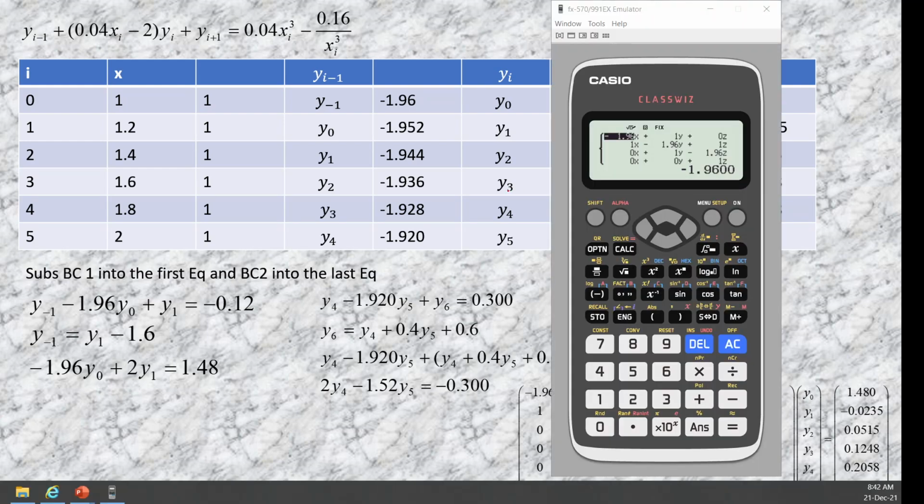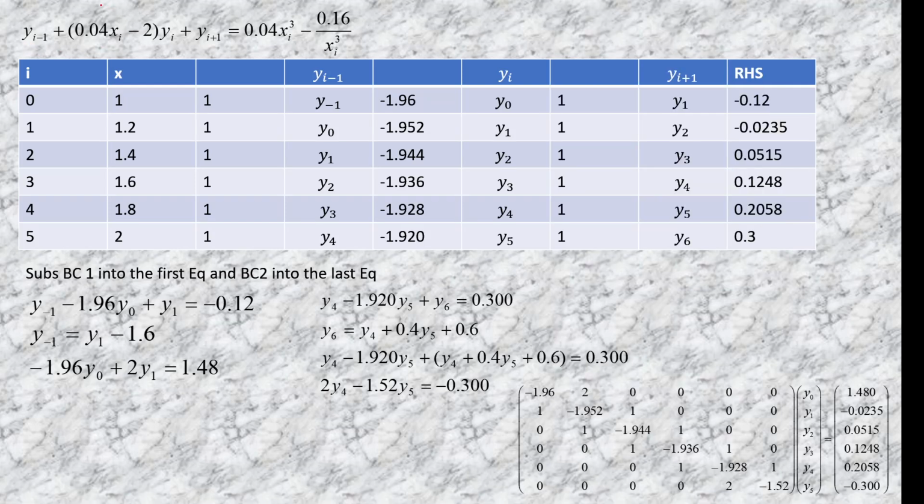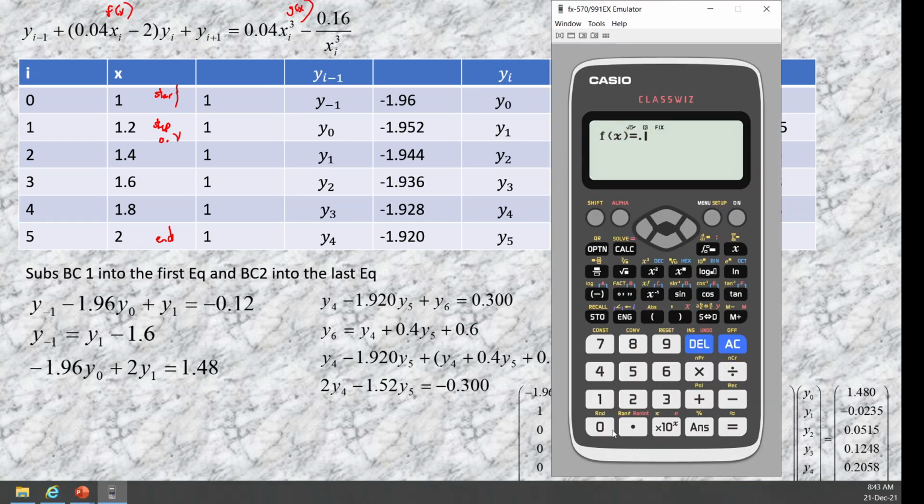So you can turn on the table menu. Key in the coefficient for yi as the function fx, and the right hand side as gx, where you set the starting value, the ending value, and the step of 0.2. So fx is 0.04 x minus 2, since xi is x in the calculator.